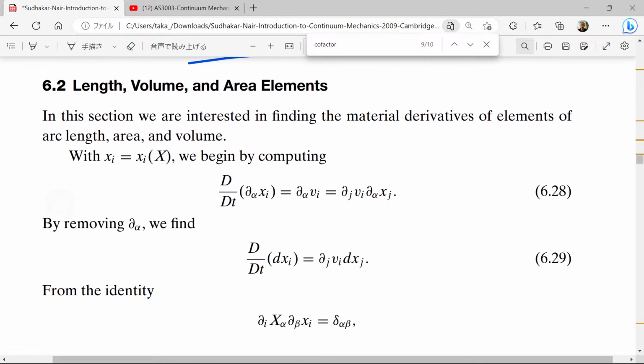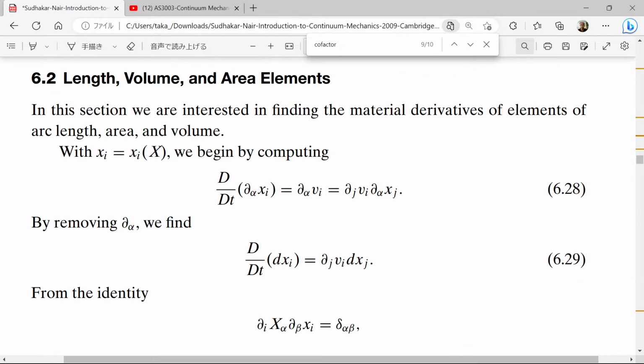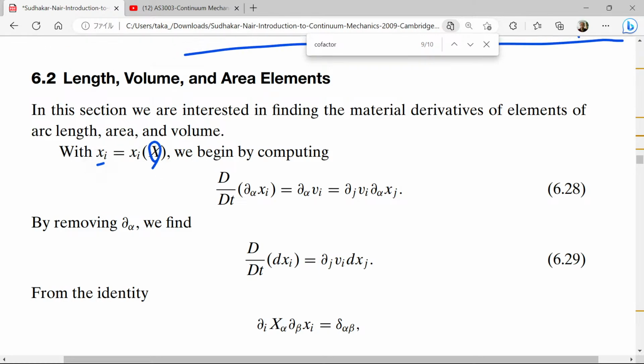So we just consider small x as a function of large X. This is the position of a particle, the position of a particle in spatial coordinates, right? So then this is an element of F. This is called F alpha i.